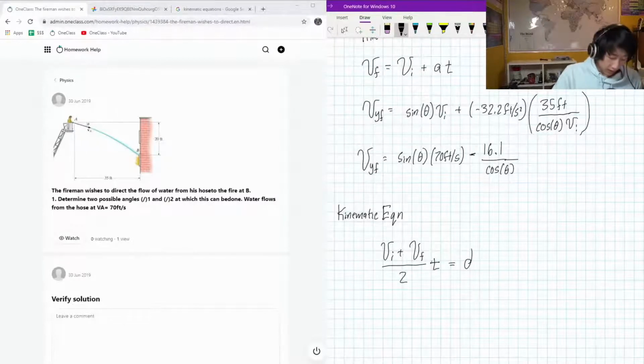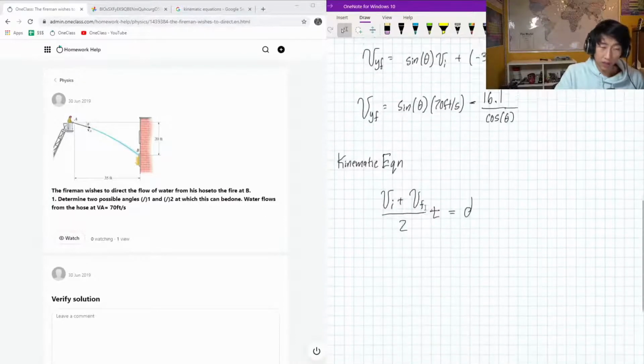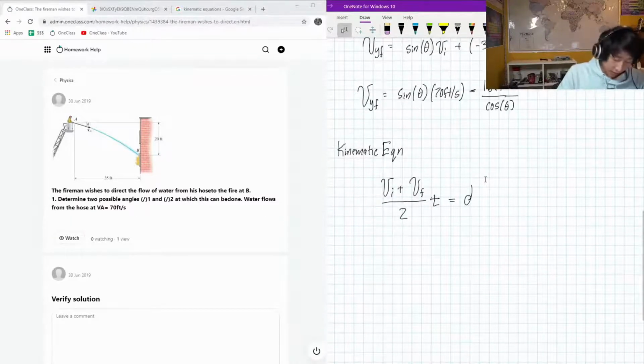Now we know what the distance is, and we just figured out the calculation for the final, and we already knew our initial, so we should just isolate this for time, sub it into this time expression, equate these two together, and then solve from there. You might need to do some trig identities, but nothing to be worried about.